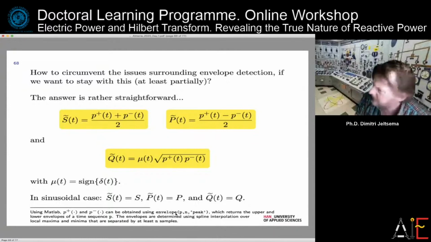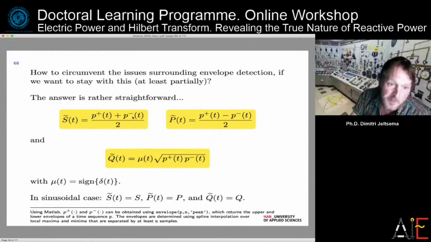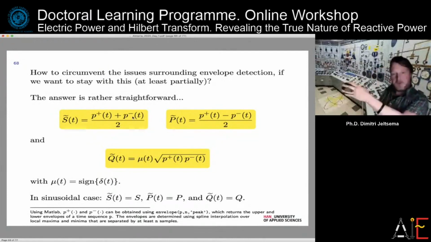It's there since version 2017 or something, if I remember well, which applies all kinds of spline interpolation things, and you can tweak it with a number of samples. That's all numerical stuff, but then you can have estimates of your P plus and your P minus over t. So that's essentially just the envelopes of your instantaneous power profile.